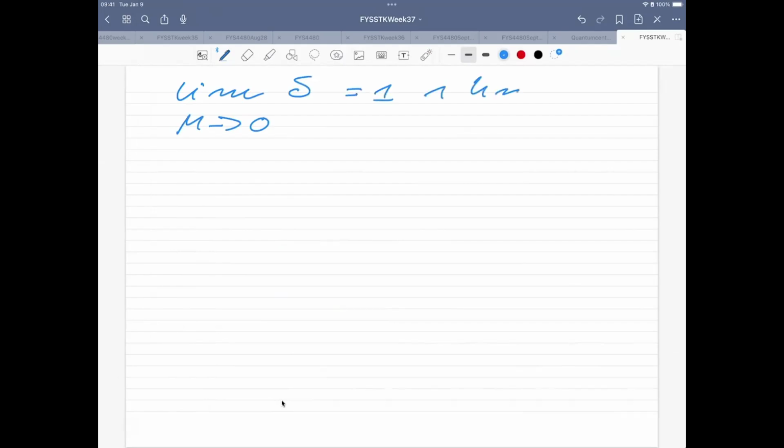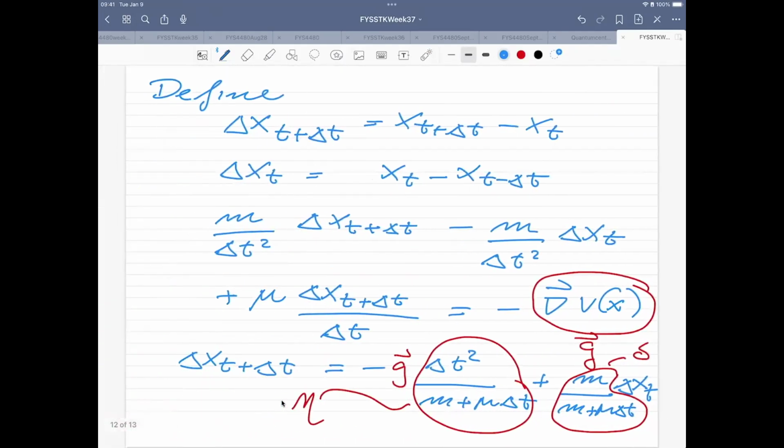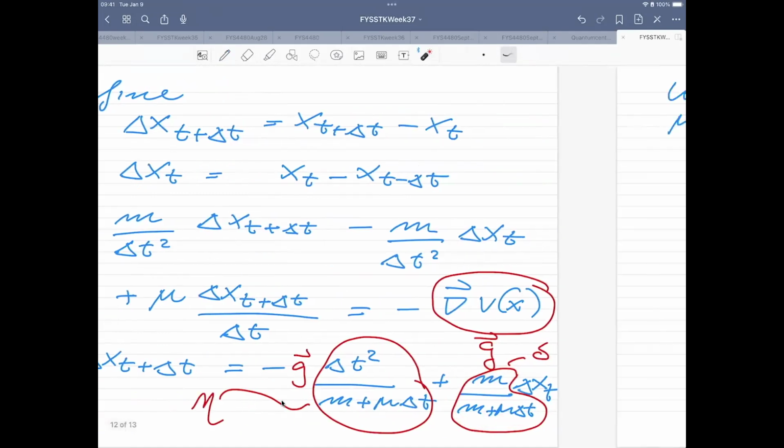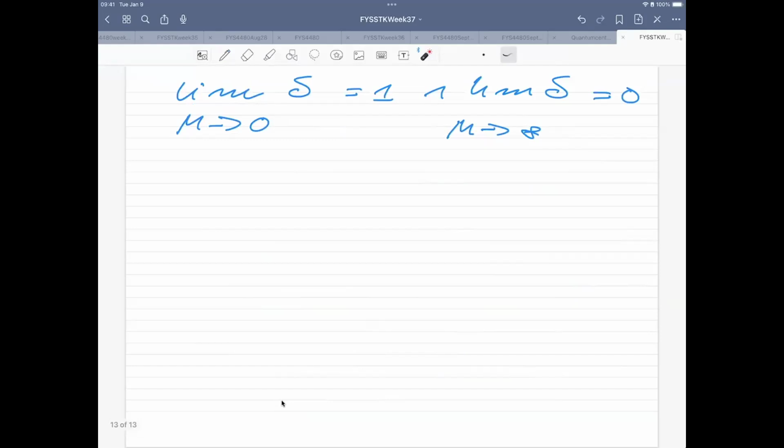And if I take the limit of mu going to infinity, this is going to go to 0. So if I take the limit mu going to 0, then this parameter delta goes to 1. If I let mu go to infinity, then I will have 1 divided by infinity, and this is going to be equal to 0.